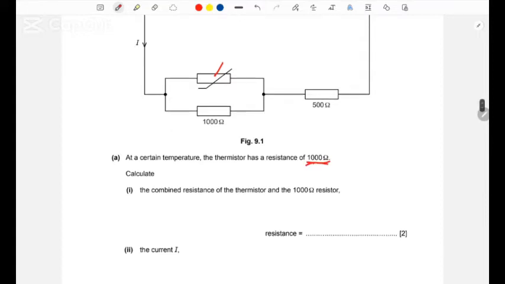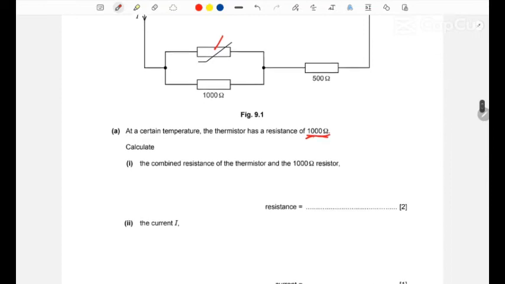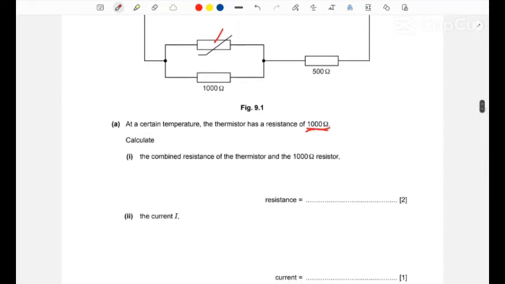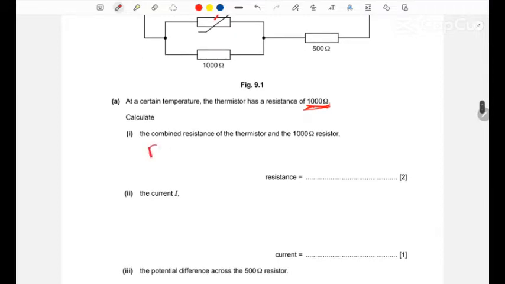Calculate the combined resistance of the thermistor and the 1000 ohm resistor. So they are in parallel. At this point, the resistance is going to be 1000 for the thermistor. So what we can do is R1 times R2 over R1 plus R2.